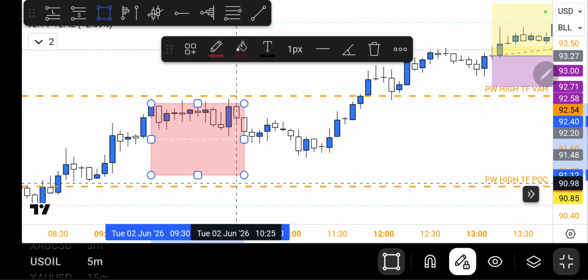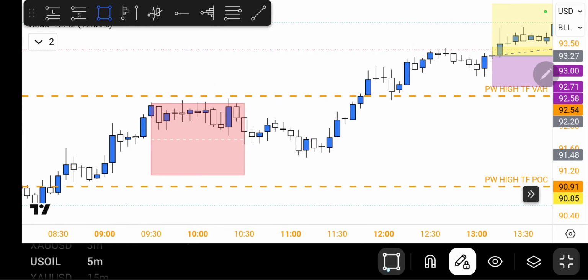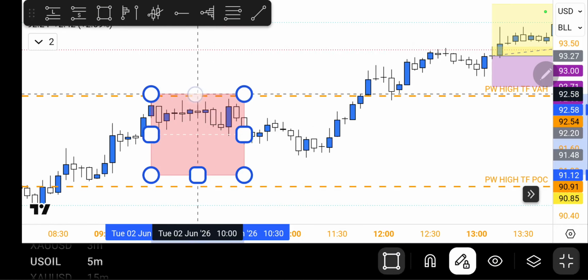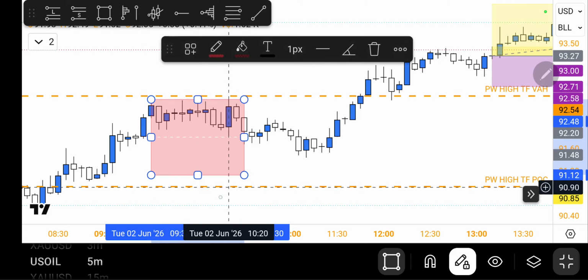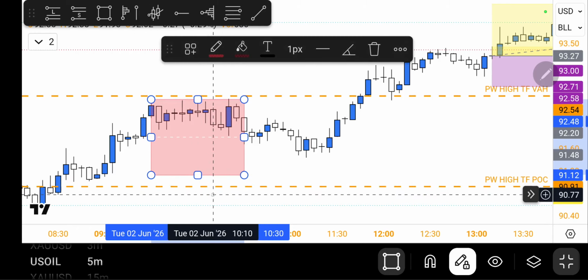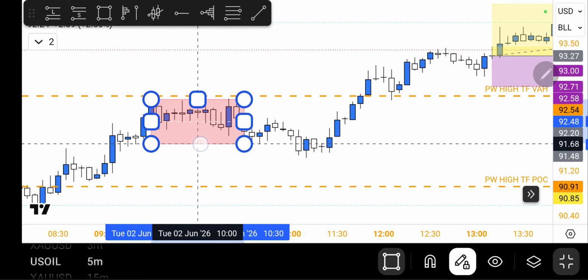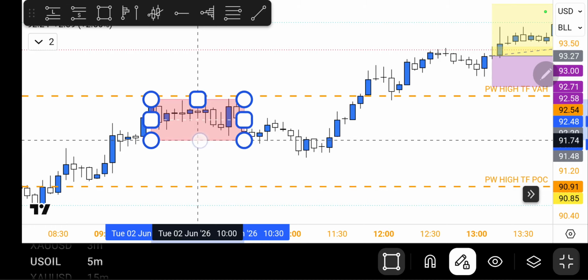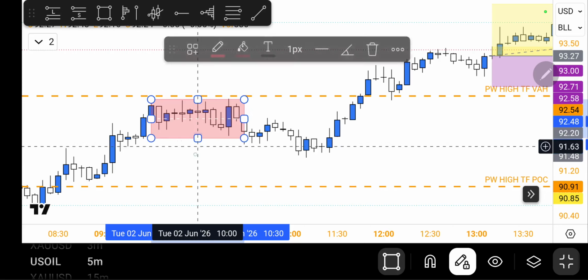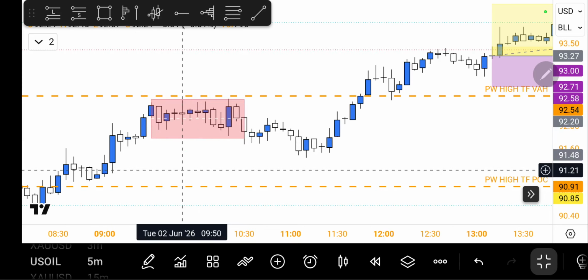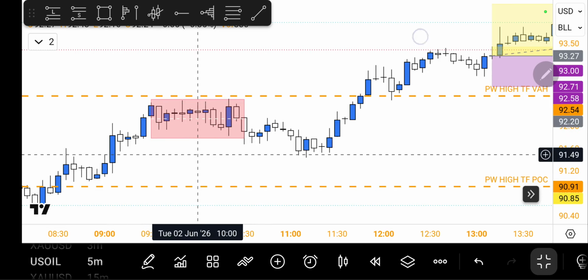So this is usually your initial balance. So we are looking for the breakout of this range. This was the initial balance, right? So something like this. This was the first hour as we have here.